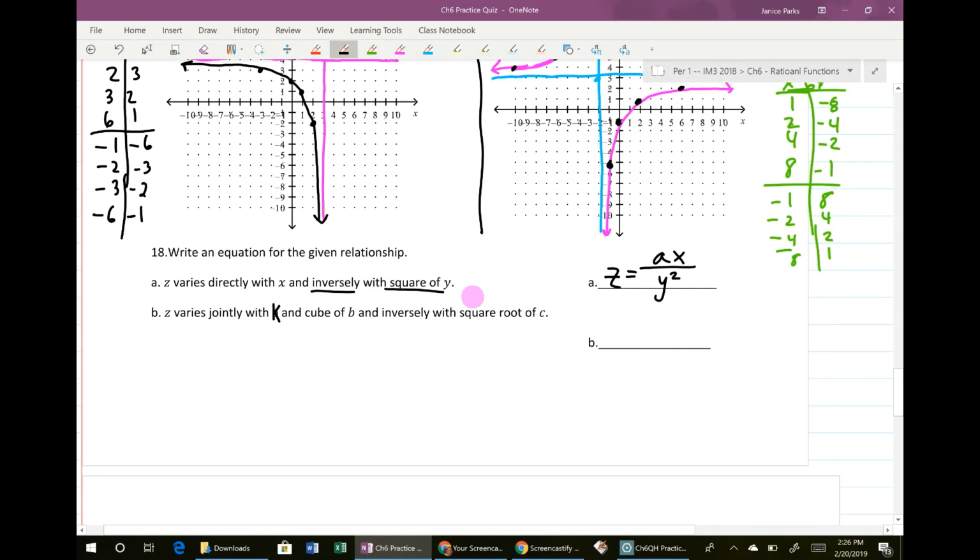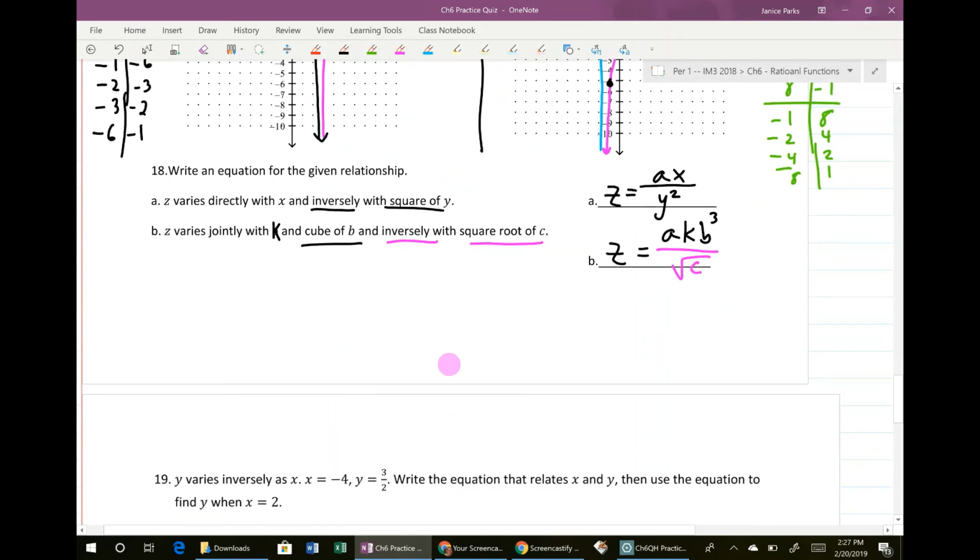For the next one, z varies jointly with k and the cube of b, and inversely, so that's the only part that goes on the bottom, the square root of c. So that one's finished. No numbers here, so you're just writing a general equation.